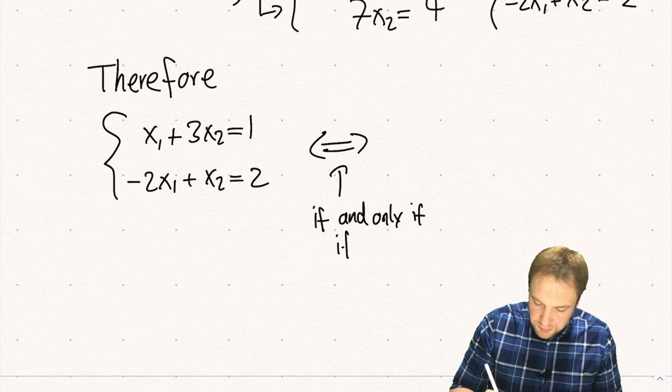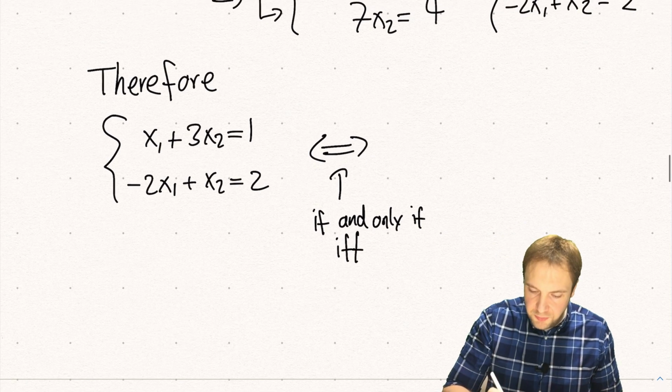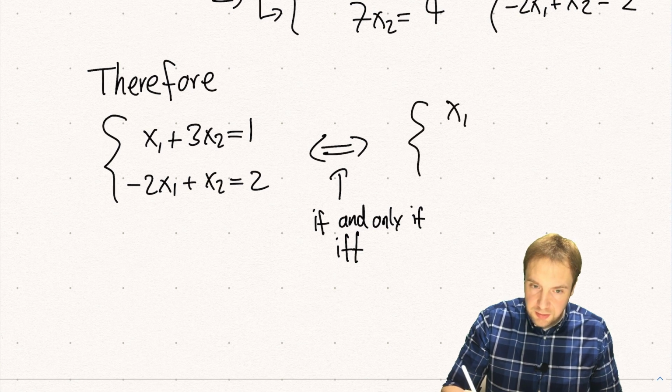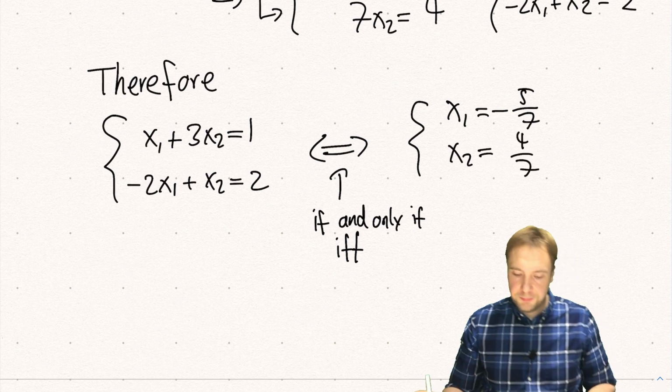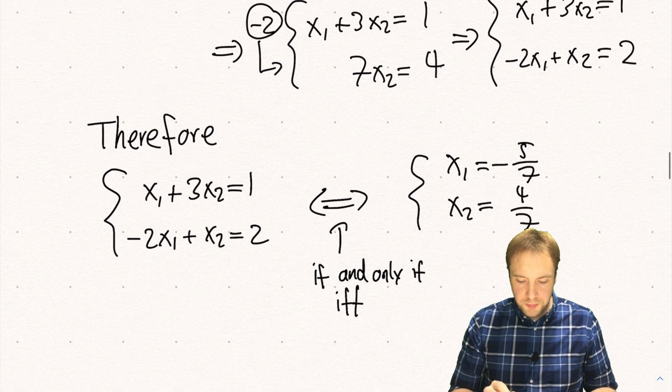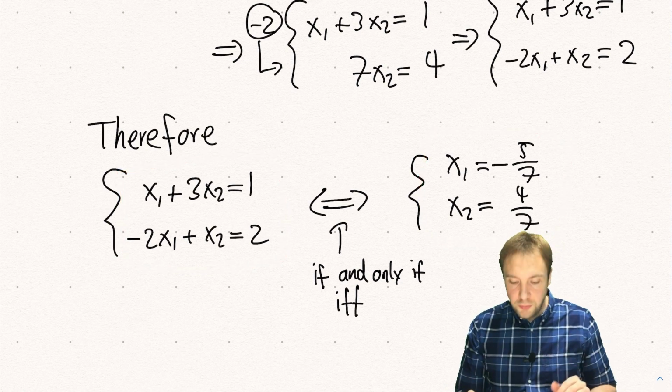Sometimes also just written as iff with 2 f's. So this is the case if and only if x1 is minus 5 over 7 and x2 is 4 over 7. So the only solution to this linear system is just this one solution.